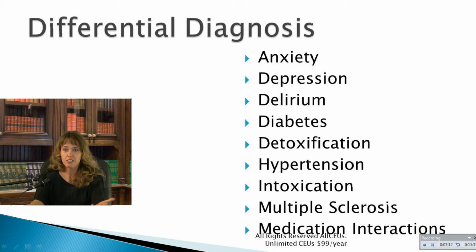Multiple sclerosis. Want to look out for that. People tend to be diagnosed with multiple sclerosis later in life as opposed to in their childhood. So be aware of signs and symptoms of multiple sclerosis, especially difficulty with coordination.